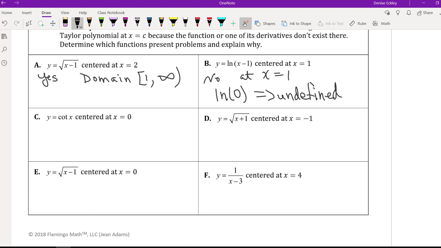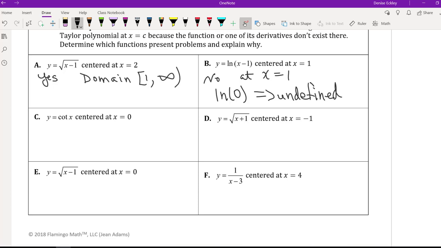If we want a Taylor polynomial for y equals ln of x minus 1, we have to center it on a point that is in its domain, so it would have to be greater than 1. The next one is y equals cotangent x centered at 0.